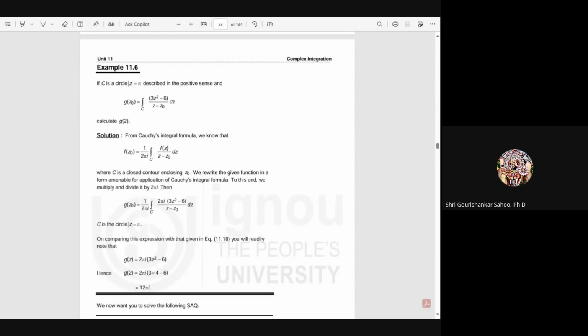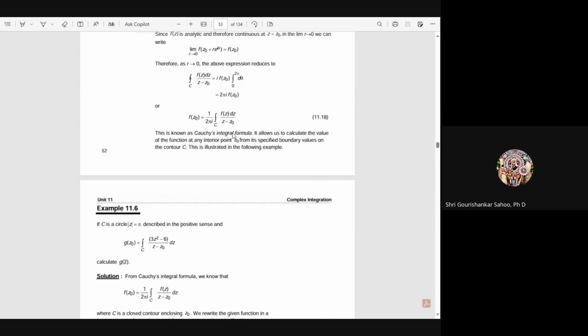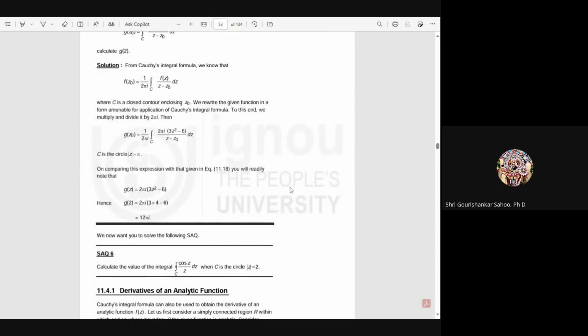If C is a circle, modulus of z equal to pi, g(z0) is equal to integration over C of (3z² − 6)/(z − z0) dz. So you have to calculate g(2). If you use the Cauchy integral formula, 1/(2πi) times the integral of f(z)/(z − z0) dz, you can see here equation 11.18.